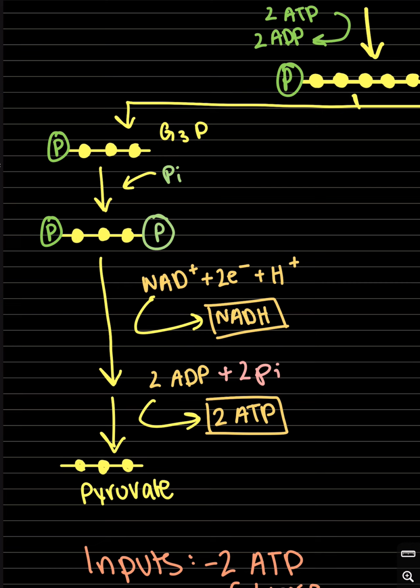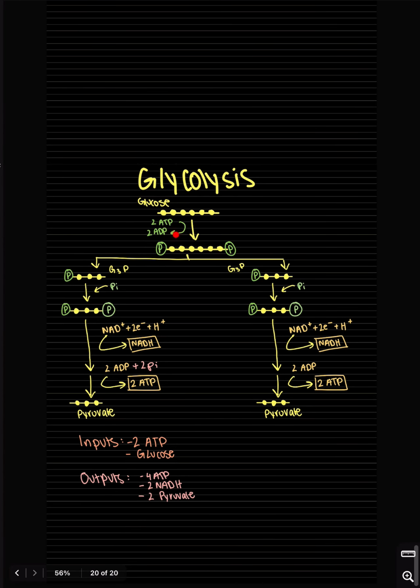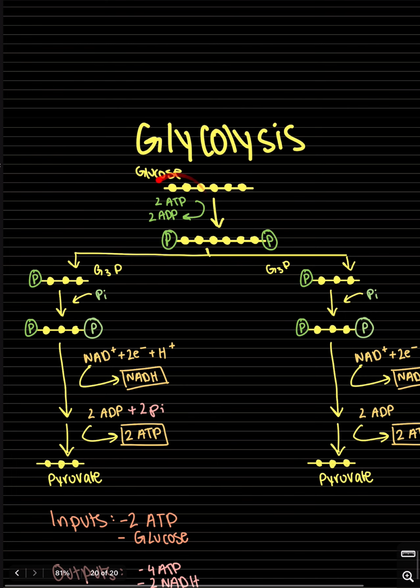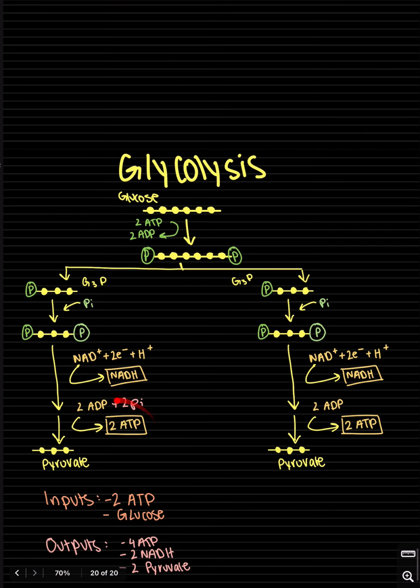So basically, as we saw in the beginning, the cell will invest energy to get more energy later on, because we put in 2 ATP, but in total we made 4 ATP, because we see 2 here and 2 here, right?